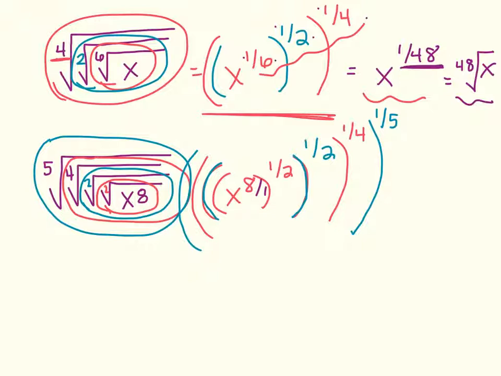So if I simplify that down, that's going to be x to the power of 8 over 1 times 2 times 2, so that's 4, 16, 5 is 80. So that would be x to the power of 8 over 80. Let's simplify 8 over 80. If I divide them both by 8, I get x to the power of 1/10. And again, if I did want to write it back in radical form, a power of 1/10 is really a 10th root. So that would be a 10th root of x.